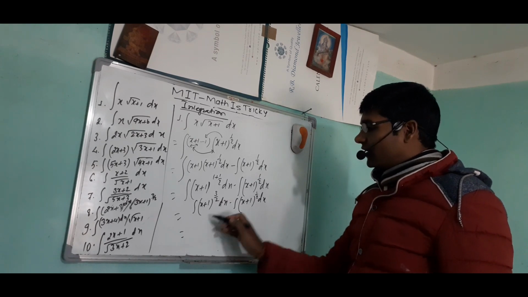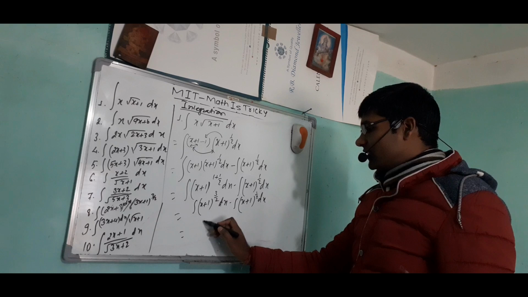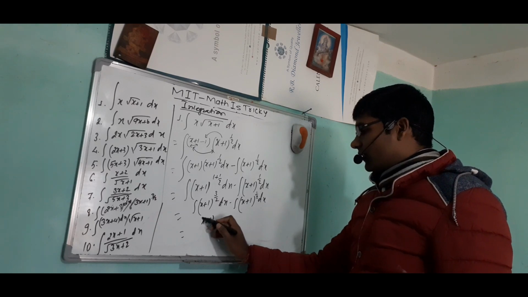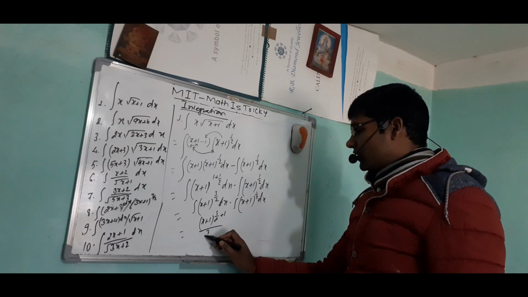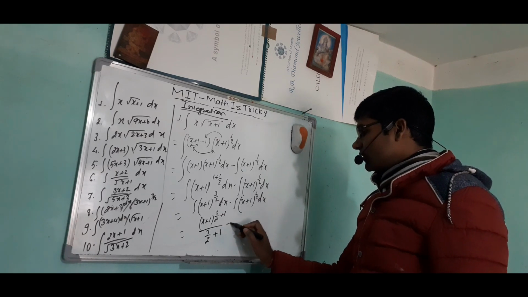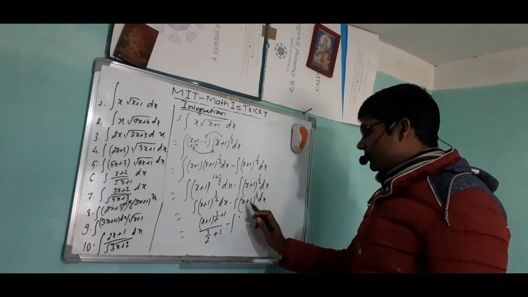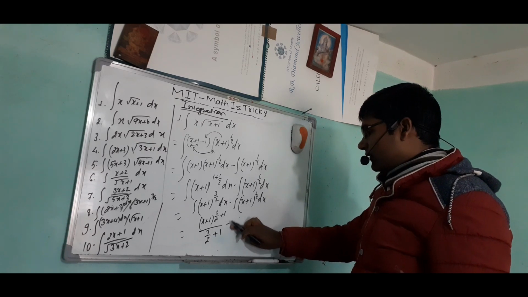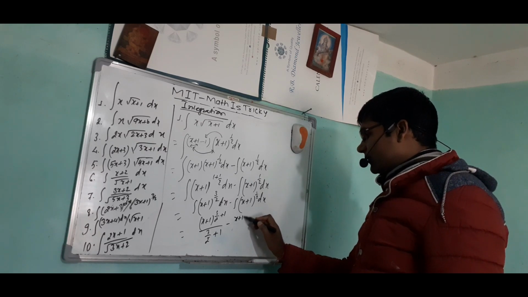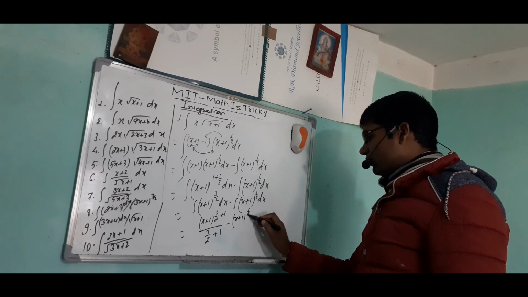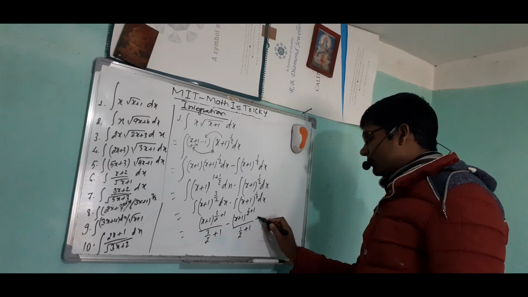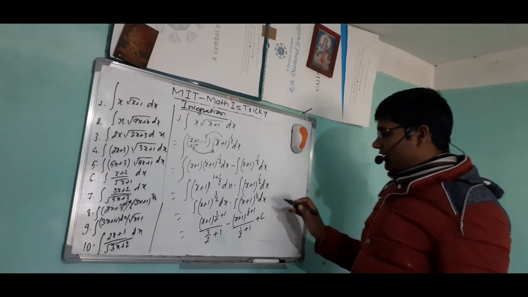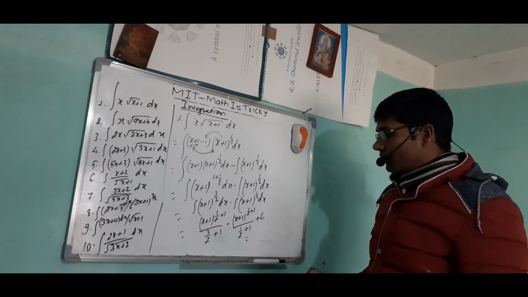So now simply we have the answer. Now how to integrate this? x plus 1 power 3 by 2 plus 1 over 3 by 2 plus 1, minus x plus 1 power raised to 1 by 2 plus 1 over 1 by 2 plus 1, plus c, the constant. I have just used the basic formula for integration.